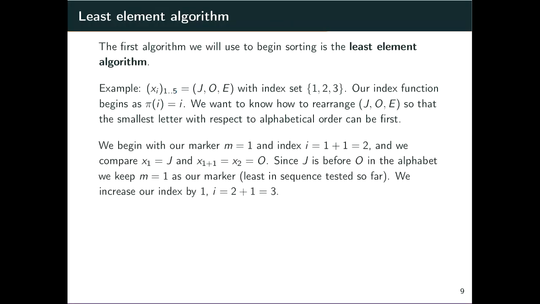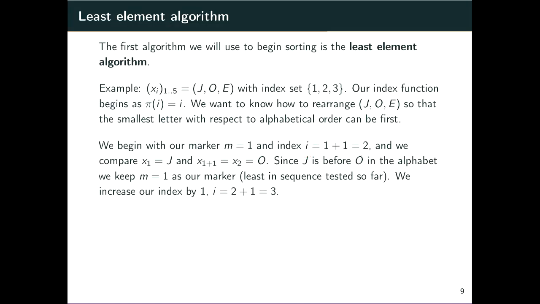So what we do is we begin with our marker M. Our marker M is the least element in the sequence that we've tested so far. So we start with M equals 1, and then maybe it's going to change as we move along. And then we start our index that we're going to be considering, comparing M to I equals 2.